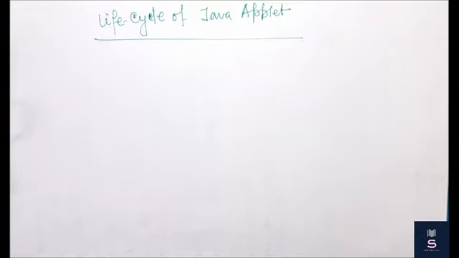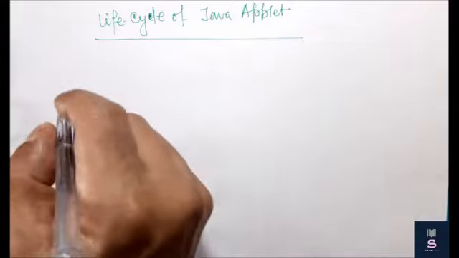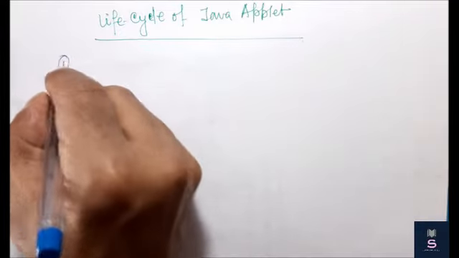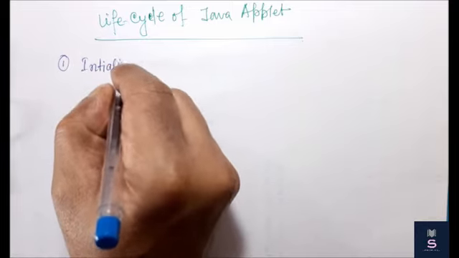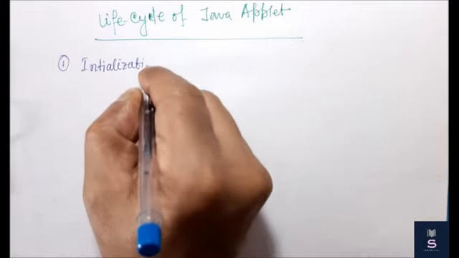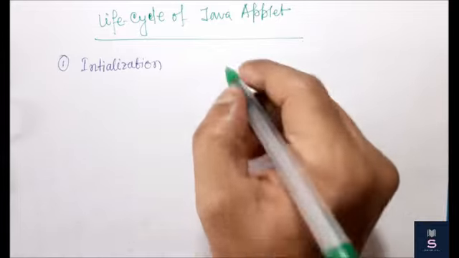First, we have a method called initialization. The first step is called initialize. In initialization, I will call a method that is called public void init.